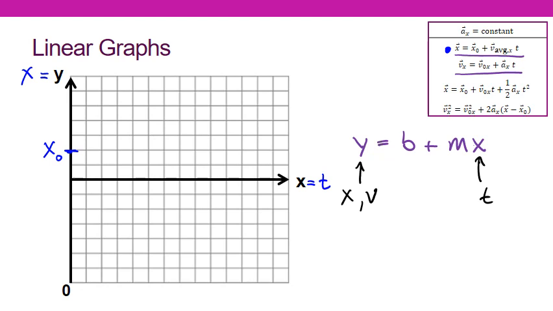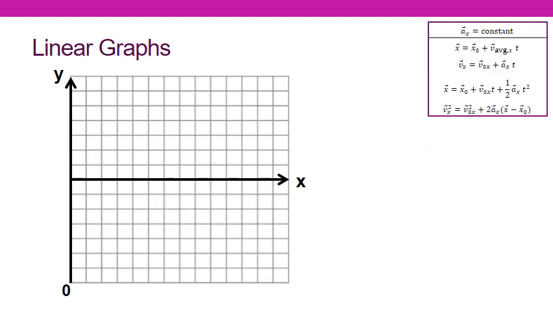Right? If our average velocity is positive, then it goes up. If our average velocity is negative, then it goes down. In that second equation, this one, now we have a slightly different form.